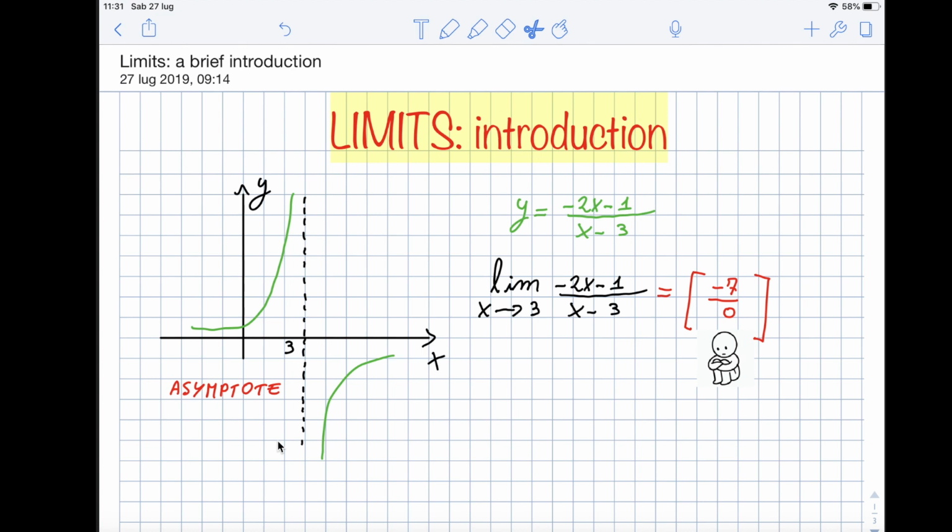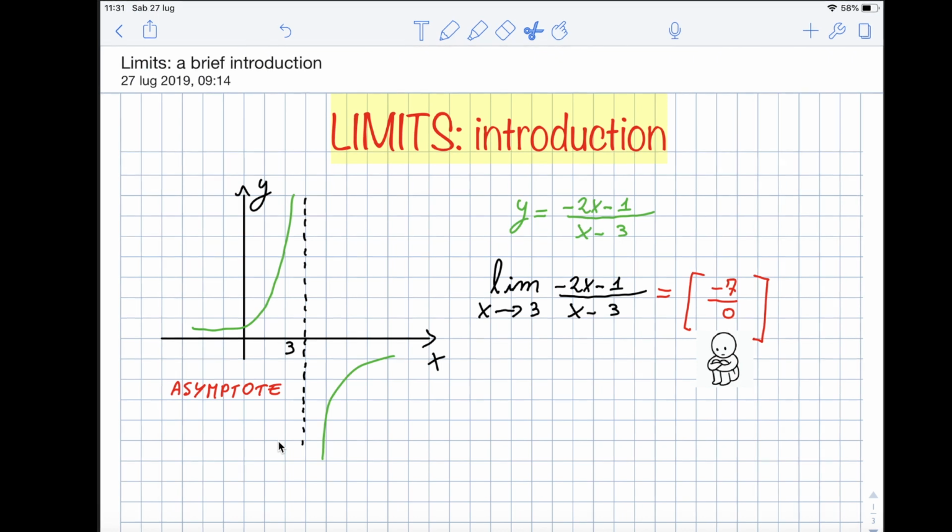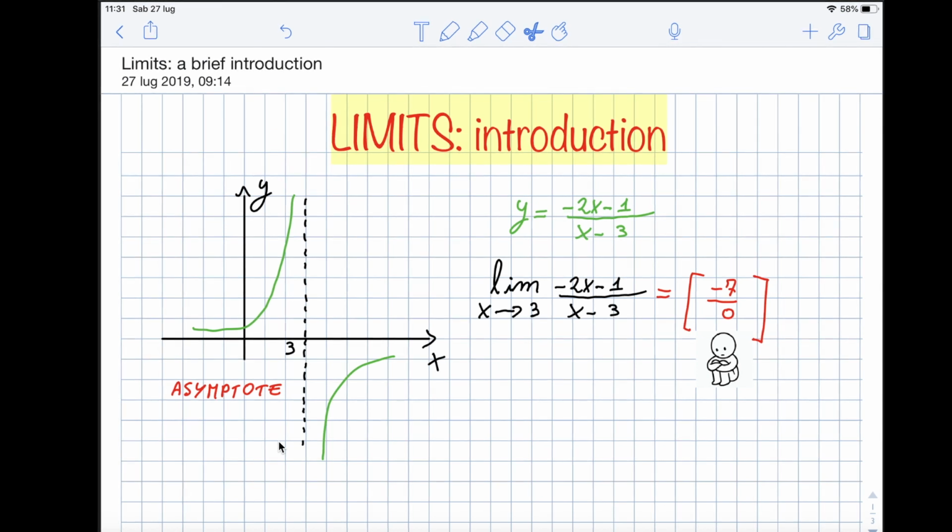As we're going to see in the next videos, we don't have to do this operation manually, so we don't have to look at the graph every time and see what happens when we get closer to the point under investigation. Fortunately, there are some shortcuts that allow us to predict the result of these operations without the above graphic procedure. This helps us save some useful time.